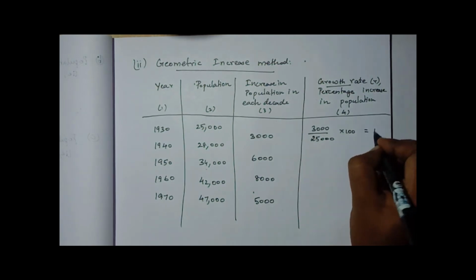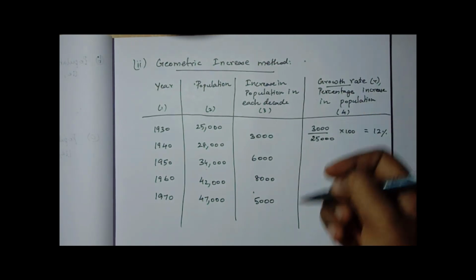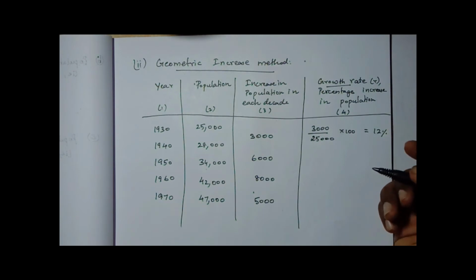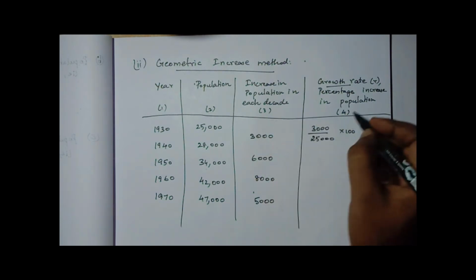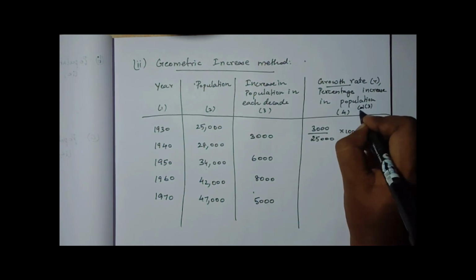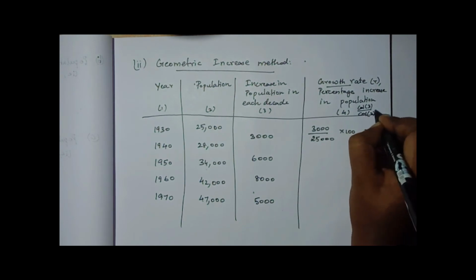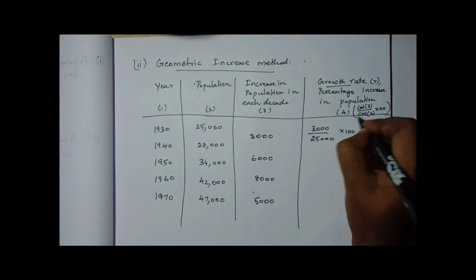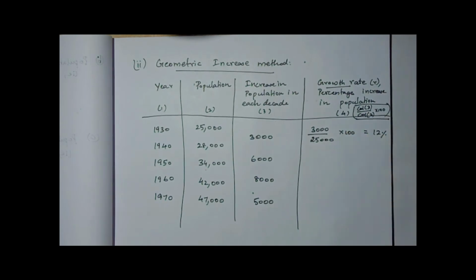So we'll get 12% as the percentage increase in population. So we can mention that column number 3 divided by column number 2 into 100. This will be the growth rate.